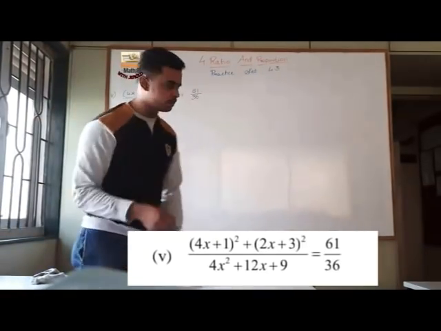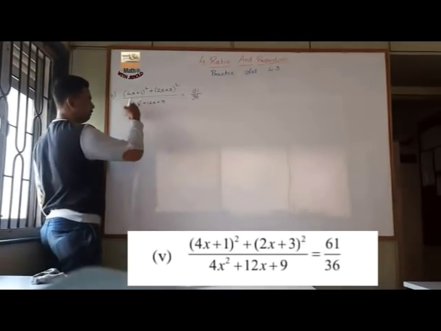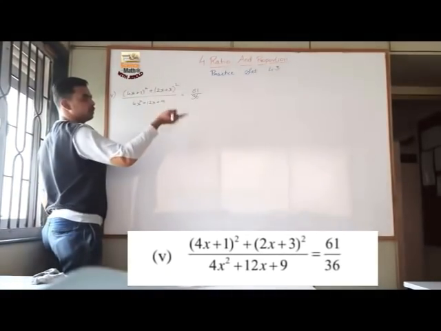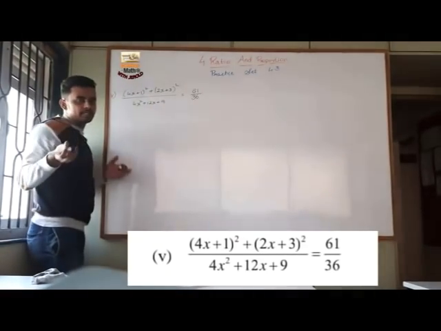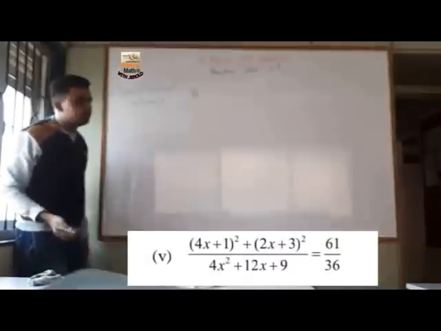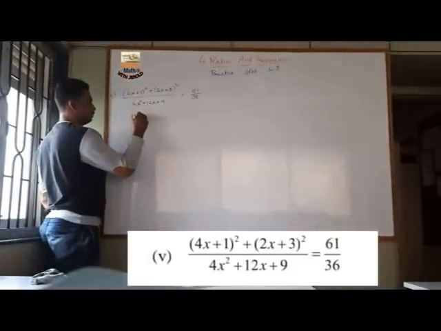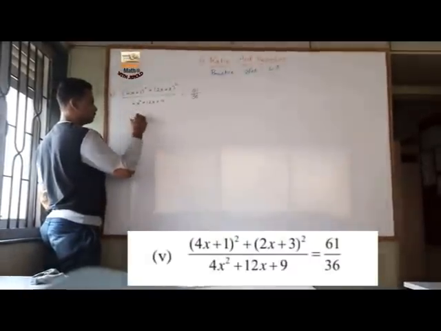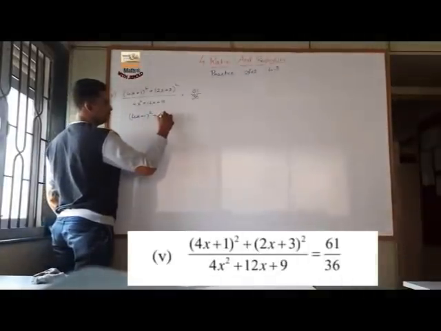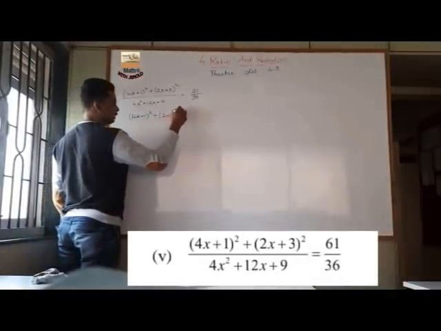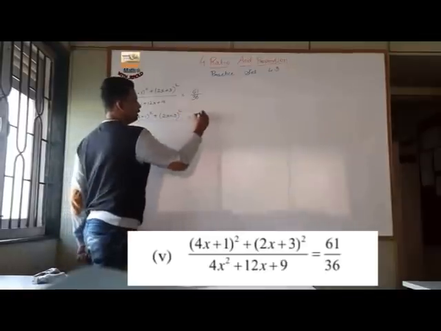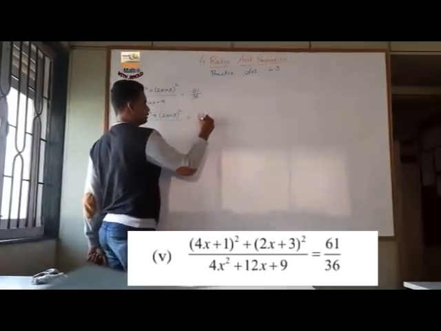And here I will show something new. How can we substitute this denominator and numerator? How can we cancel it as we have been doing in the previous sums? So (4x plus 1) squared plus (2x plus 3) squared, this is my numerator, and here I will write the right hand side.